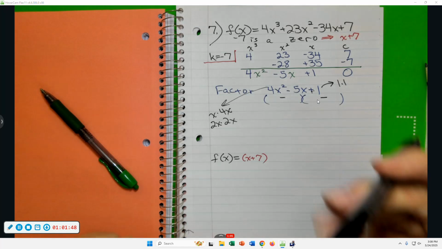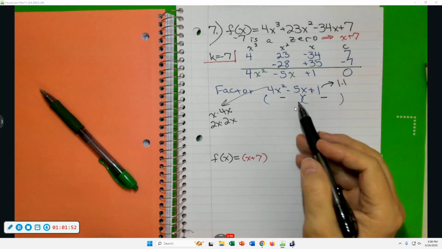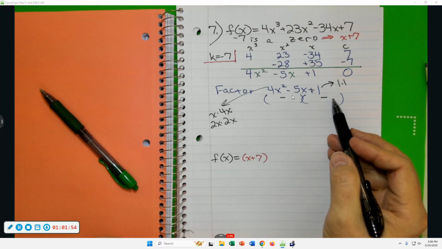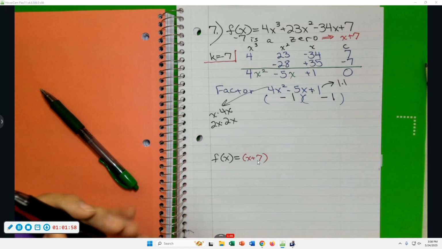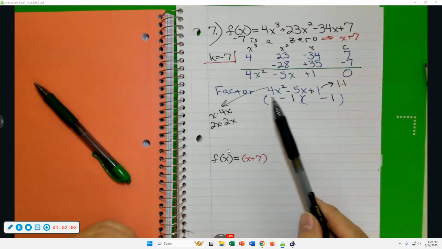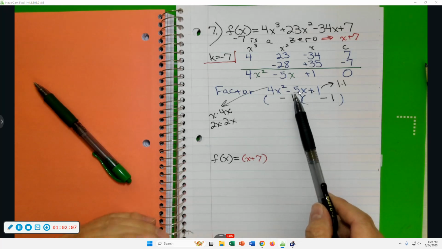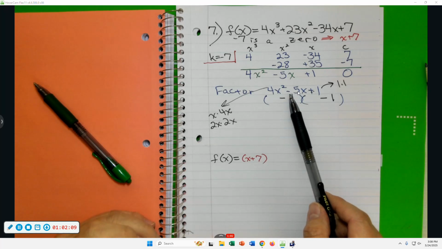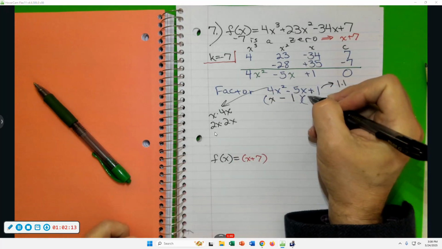And here and here we have to have 1 and 1. So we're going to use 2x and 2x or 1x and 4x. If we use 2 and 2, are we going to get back a 5? I think we're going to have to use a 1x and 4x.